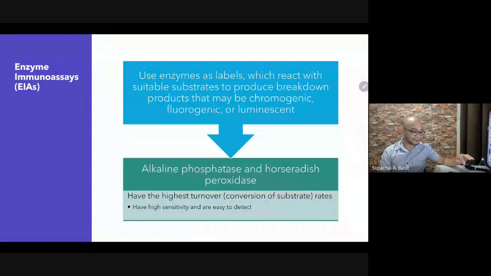Okay, so let's now discuss the enzyme immunoassays. When we say enzyme immunoassays, instead of using radioisotope as our label, here we are using enzymes as our labels, which react with suitable substrates to produce breakdown products that may be chromogenic, fluorogenic, or luminescent.